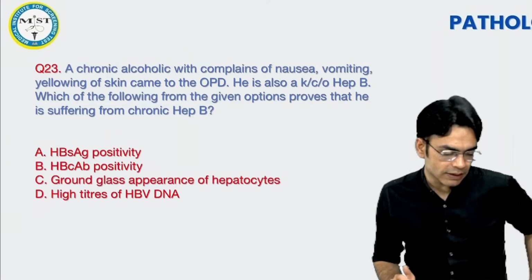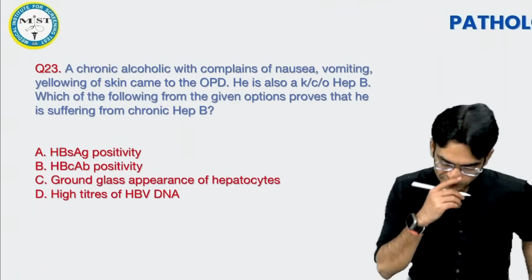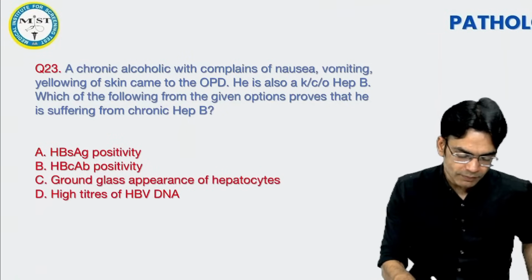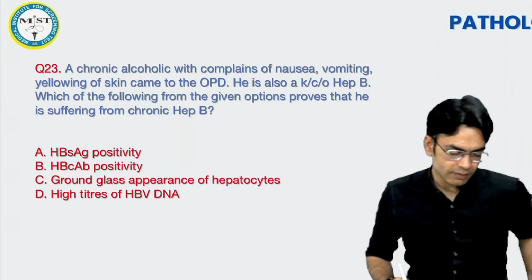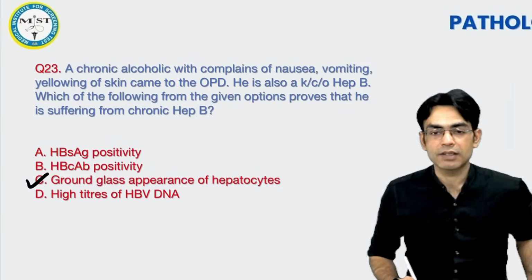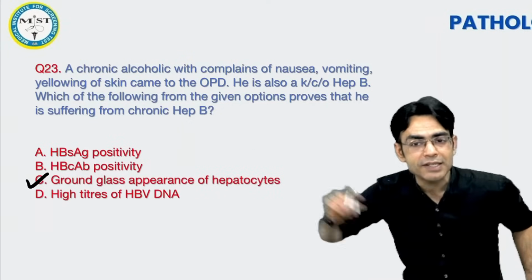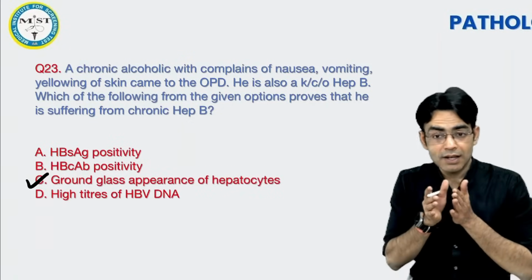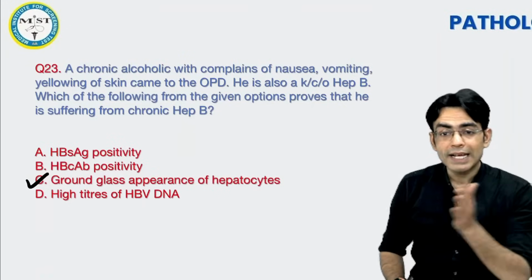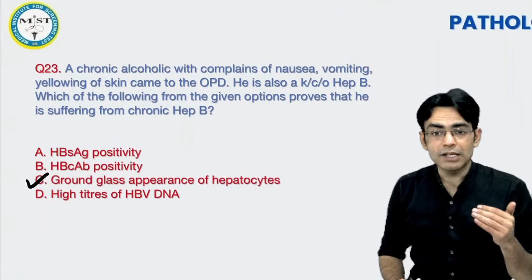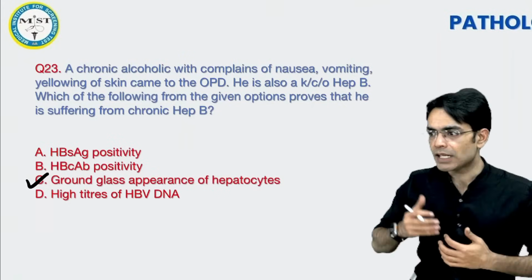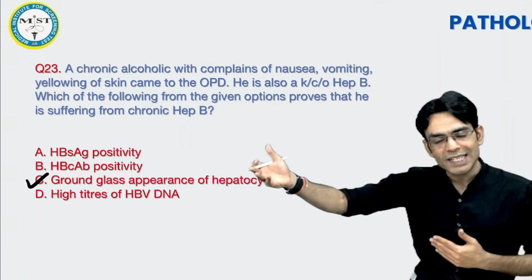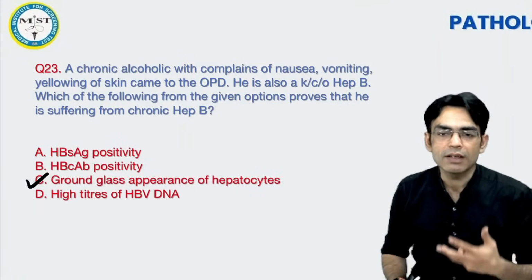Very good, Altaf. I'm so happy. C is the answer. Ground glass hepatocytes. HBsAg positivity doesn't differentiate chronic and acute until and unless you are given the time period. If they are saying HBsAg positive for more than 6 months, then it is obviously chronic hepatitis.